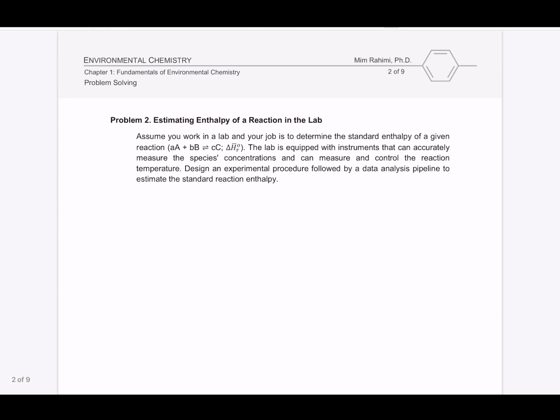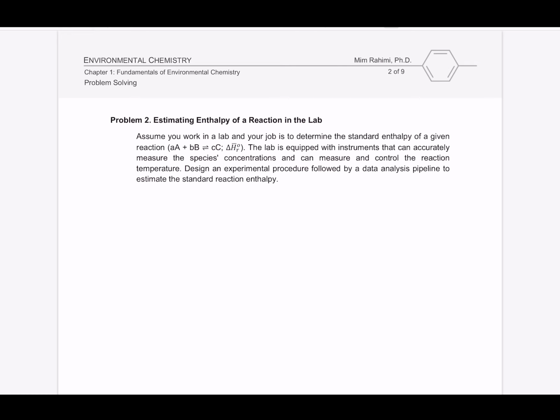The second question is not quantitative, but more analytical. It requires you to think about what we've learned and how we can use it for a real world application. So here it's pretty simple. We have a reaction. We have some tools in the lab. And we want to know one important feature of that reaction, which is delta H standard for the reaction, using whatever tool we have.